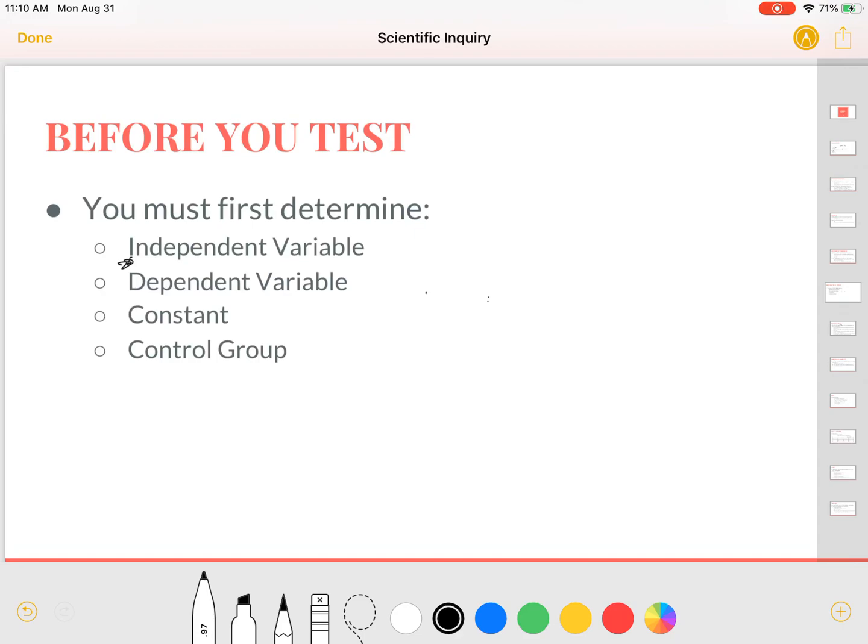So if you are testing which kind of bubble gum blows the biggest bubble, the thing that you are changing, the thing that you're in control of, is the type of gum. So independent variable is what I change.